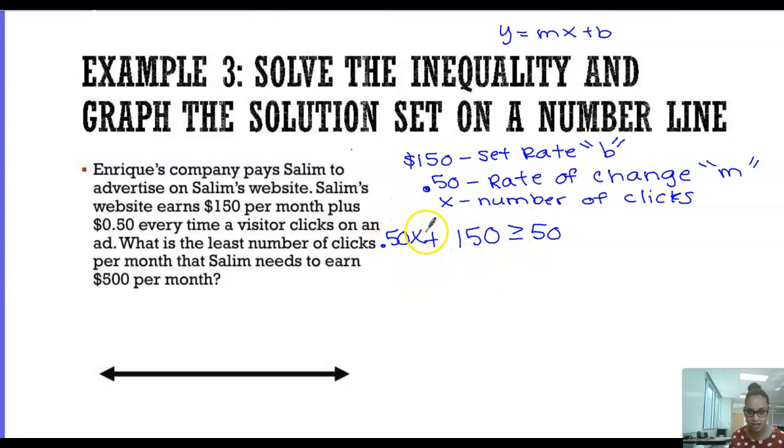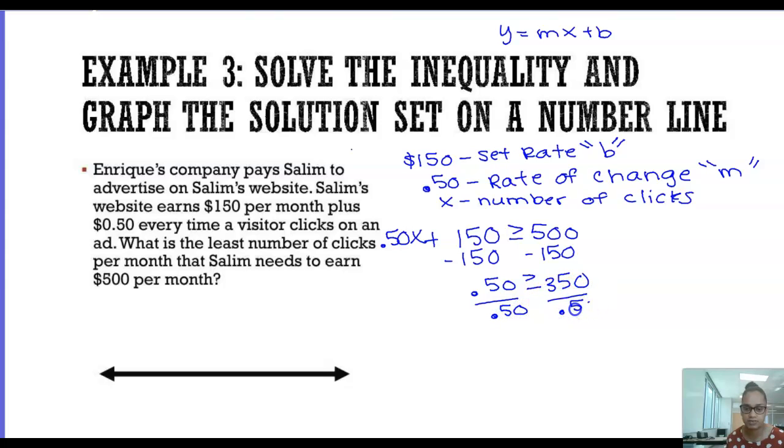So let's go ahead and solve for x, which would be the number of clicks. I would start by subtracting 150 from both sides. Sorry, that should be 500. I would start by subtracting 150 from both sides, and I would have 0.50x is greater than or equal to 350. And then I'm going to divide both sides by 0.5 or 50 cents.